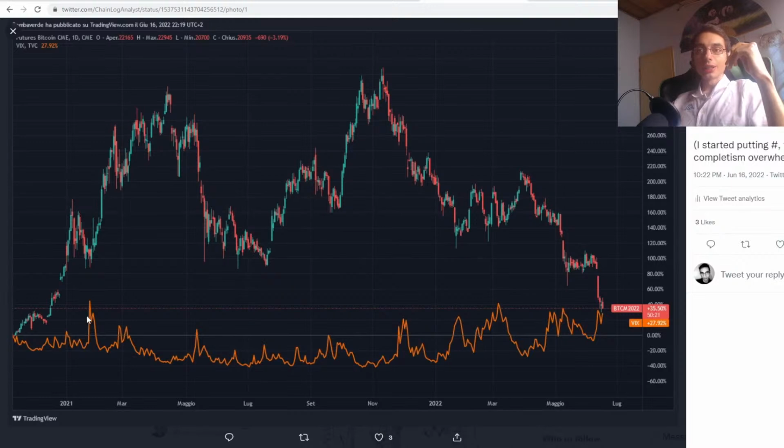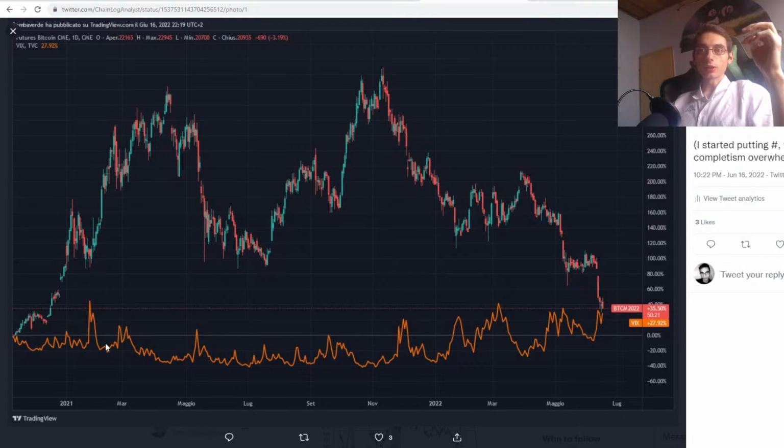And as you see, every time the VIX is more than 30, that is this orange line right here, against the BTC CME in this case, but you can take the normal BTC chart as well, you see that every time the market sentiment is fear, we see a dipping down of the BTC price action itself.